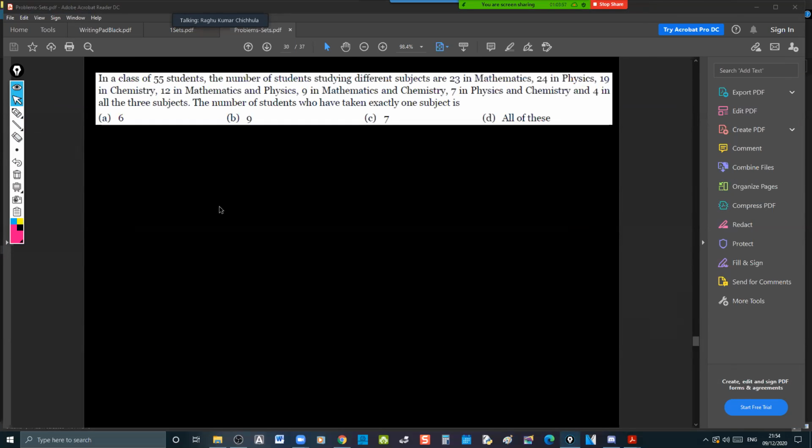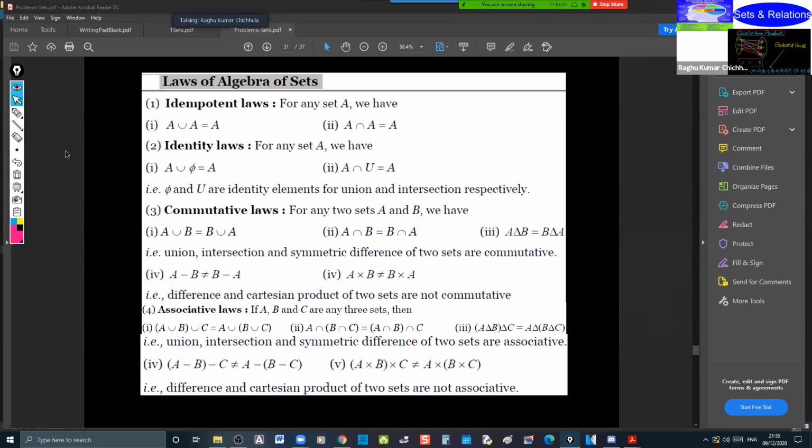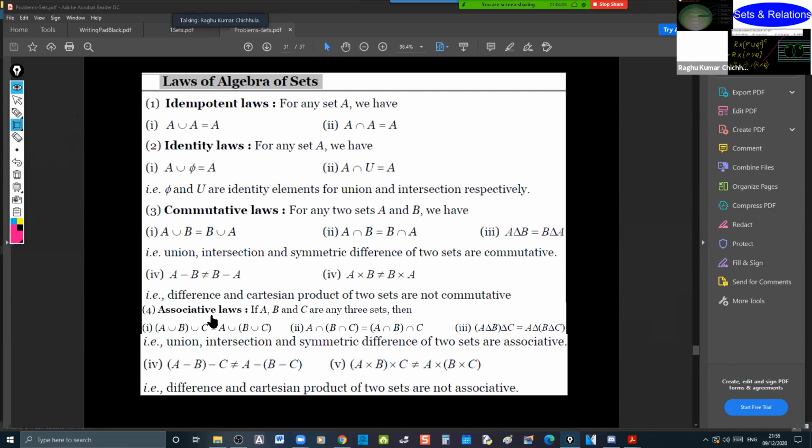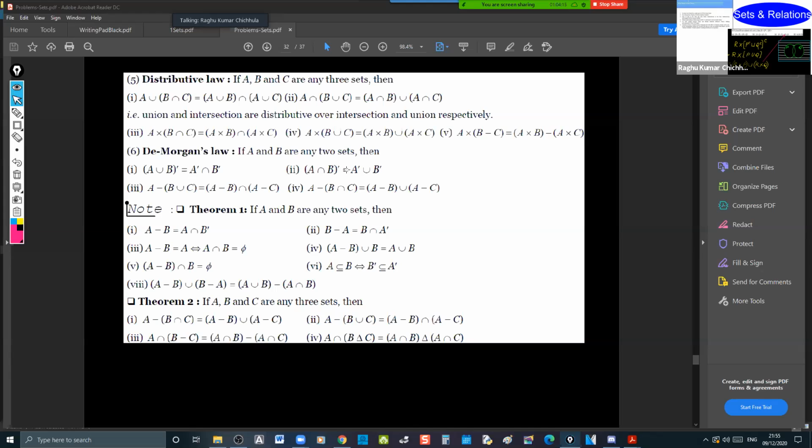Just now we have seen the laws of algebra of sets. You can see the commutative law, identity laws, idempotent laws, and all these laws we can understand. Little extension will be there to those what we have learned. You remember De Morgan's laws.